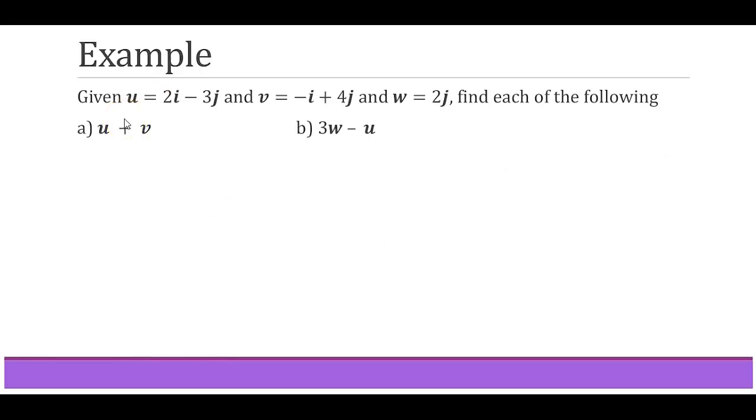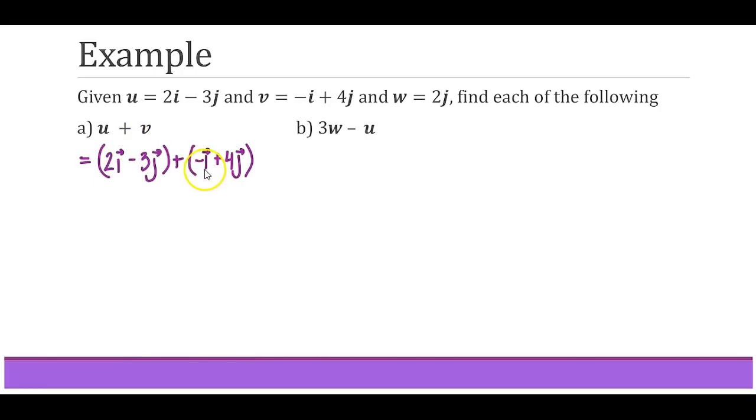Now in this next example, we're going to perform some of the same operations we did earlier, but now just using vectors in ij notation. We have these three vectors given here, u, v, and w. Here we're asked to find u plus v. So we add 2i minus 3j, that vector u, plus the vector v, -i plus 4j.